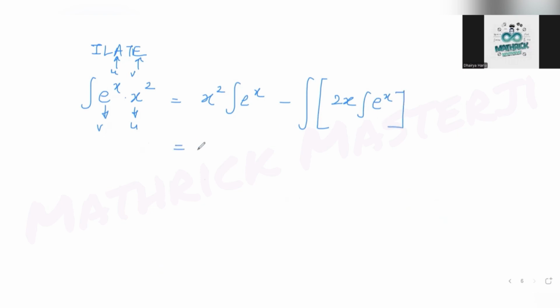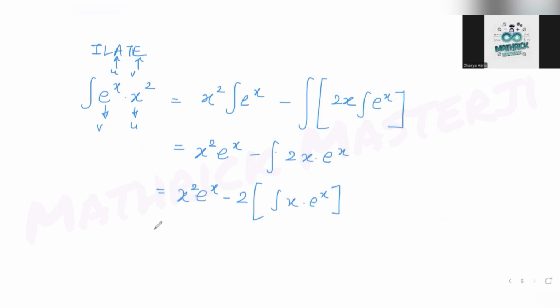So what I get from here is x squared. Integral of e raised to x is just e raised to x as it is, minus integral of 2x and integral of e raised to x is again e raised to x. So what I get from here is x squared e raised to x minus 2, a big integral of x into e raised to x.